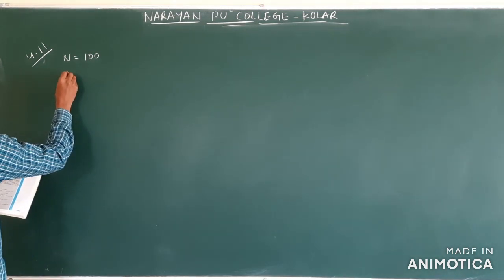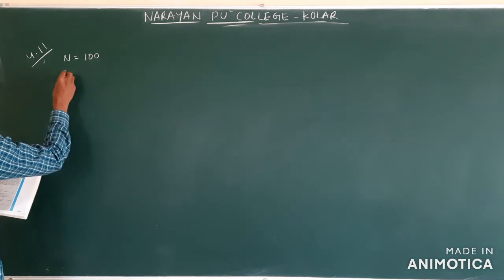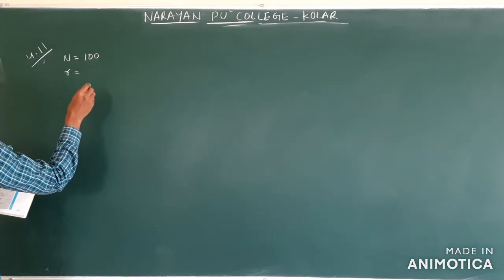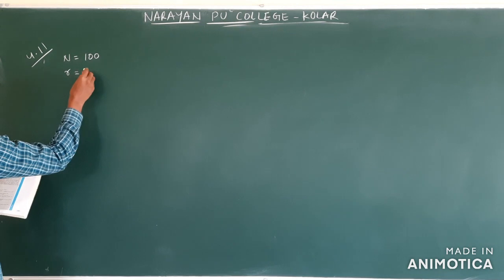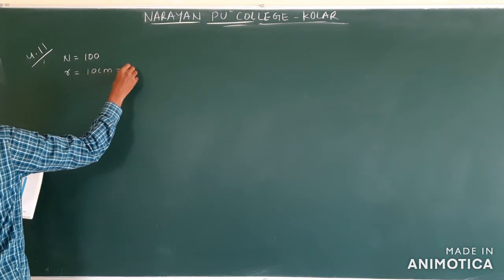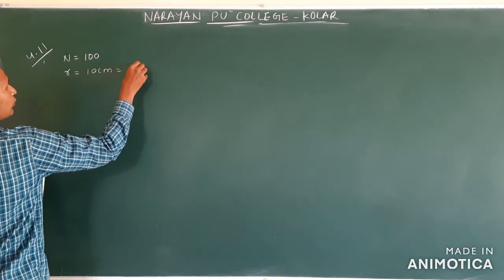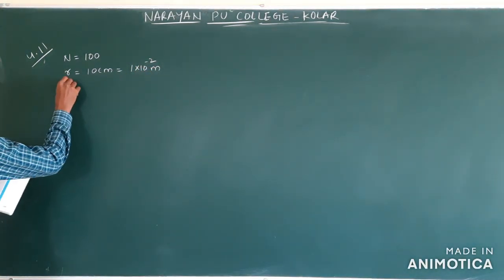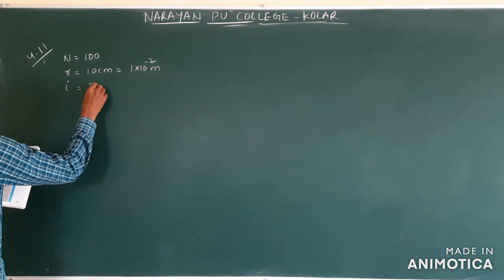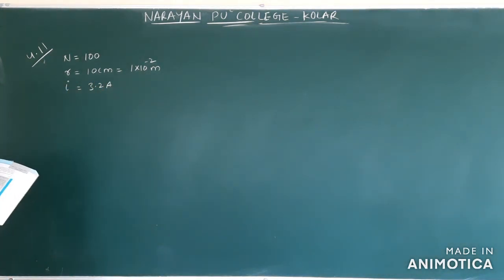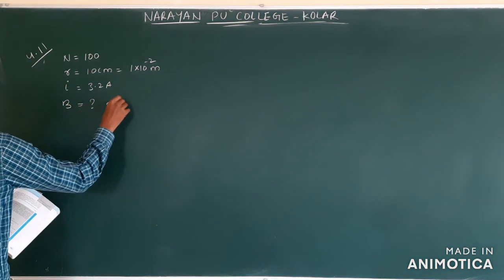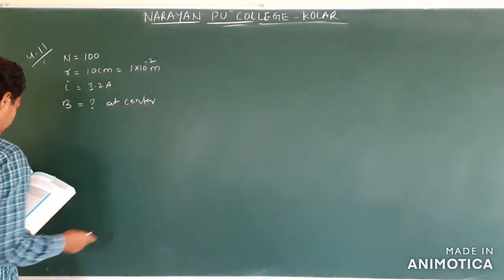Radius: they mention a closely wound circular coil, R is equal to 10 centimeter, converted into meter, 1 into 10 power minus 2 meter. It carries current I of 3.2 amperes. What is the field at the center? B is the question mark at the center.